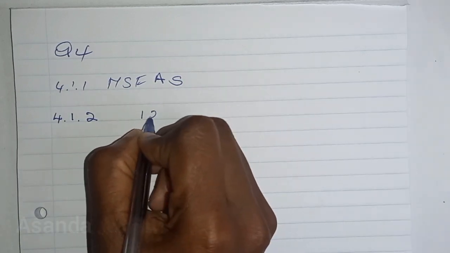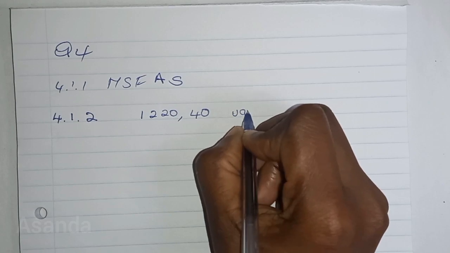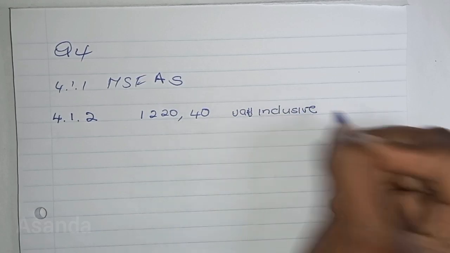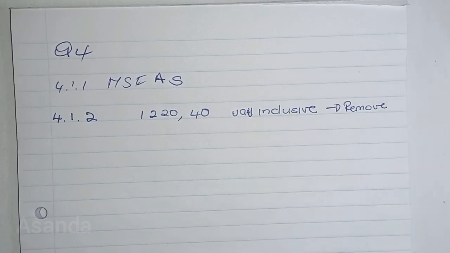4.1.2. Okay, we have the administration fee of 1,220 Rand and 40 cents. This is VAT inclusive. We need to now remove the VAT in order to get VAT exclusive.